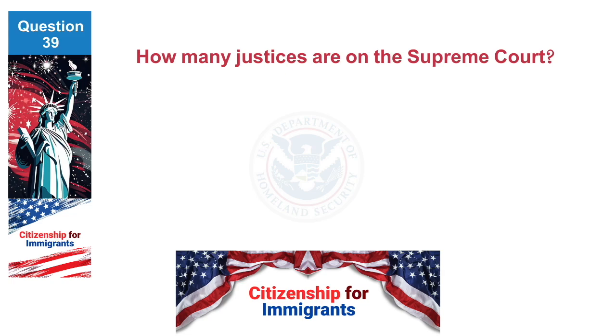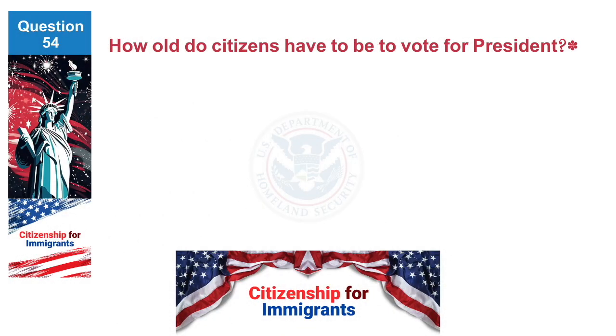How many justices are on the Supreme Court? Nine. How old do citizens have to be to vote for president? 18 and older.